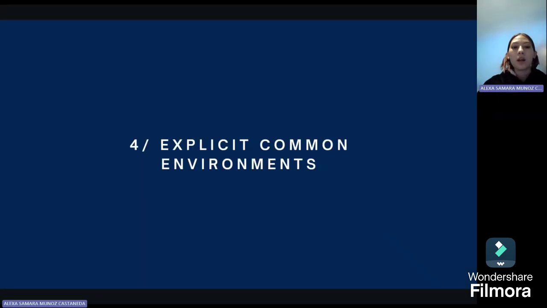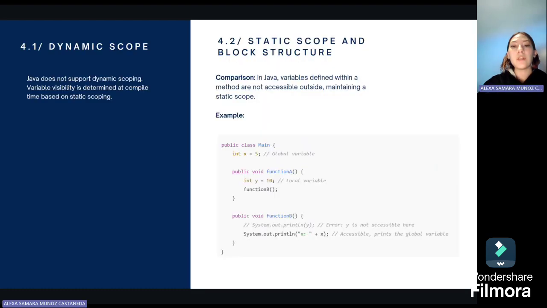Now let's talk about an important part of programming, explicit common environment. This explains how and where variables can be used in a program. First, let's look at dynamic scope.